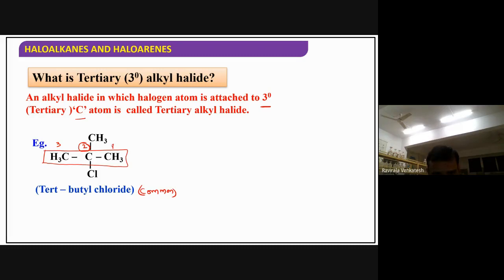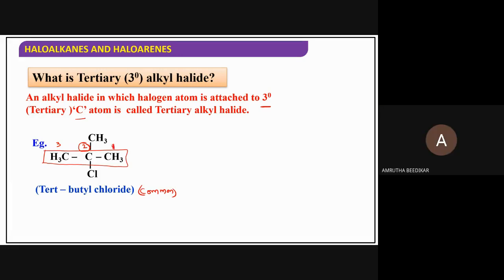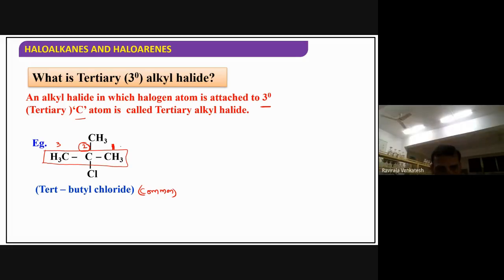No, very good. Nothing is there on the first carbon, and even on the third carbon no substituent is there. Now, on the second carbon, you are seeing a methyl group, and you are seeing a chlorine, chloro.